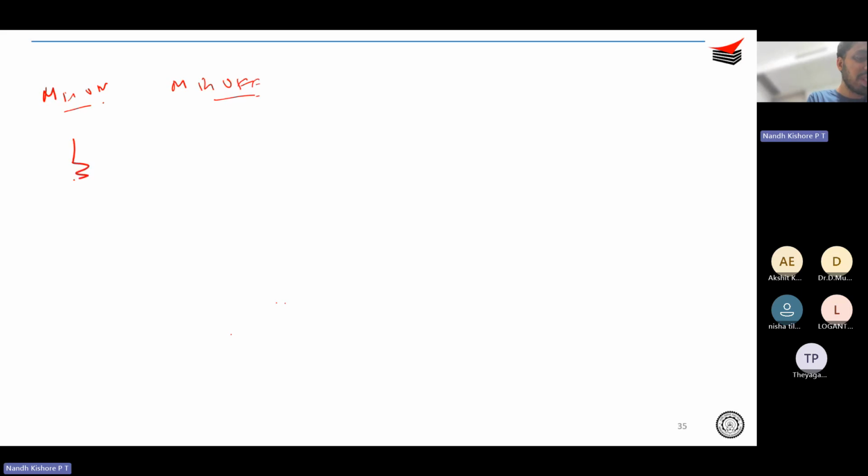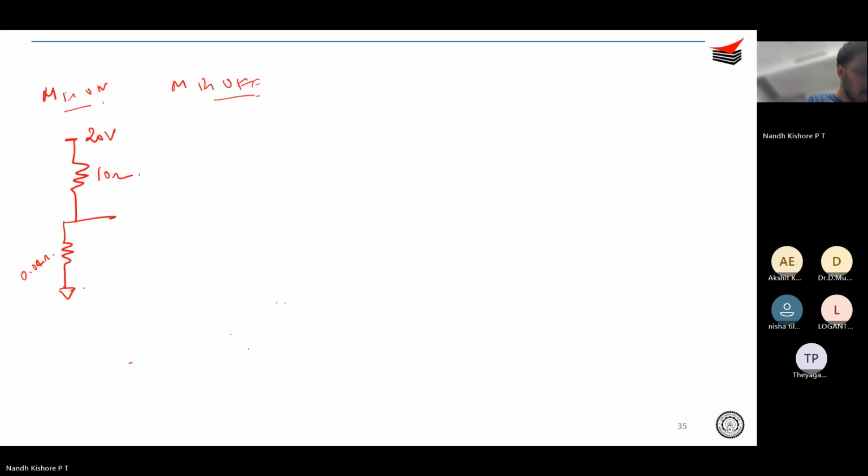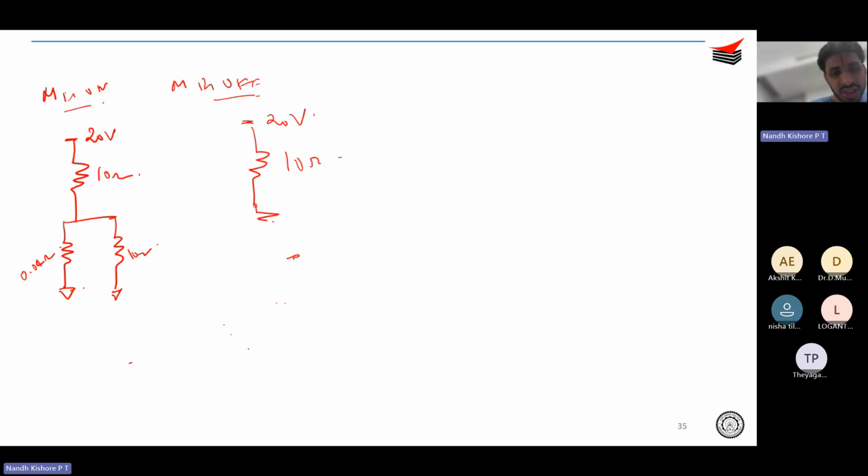When the MOSFET is on, you have 20 volt, 10 ohm, and then RDS on, which is 0.04 ohm, in parallel with another 10 ohm. And when the MOSFET is off, the equivalent circuit is 20 volt, this 10 ohm, and just a 10 ohm resistor.